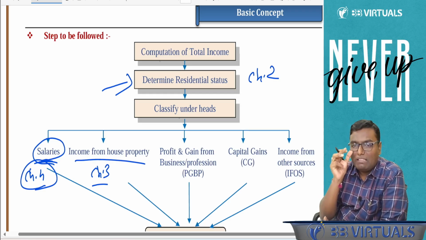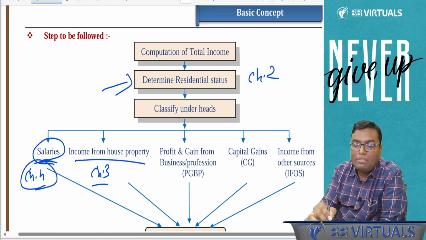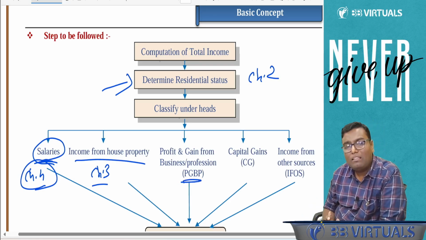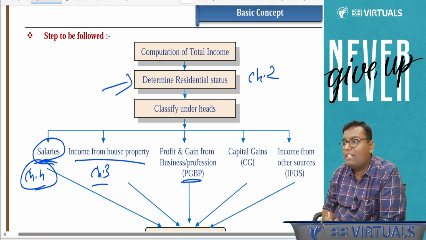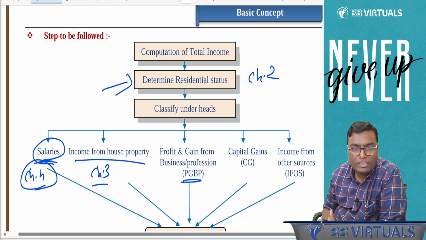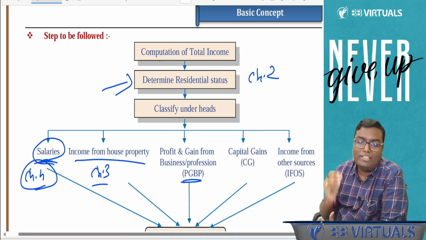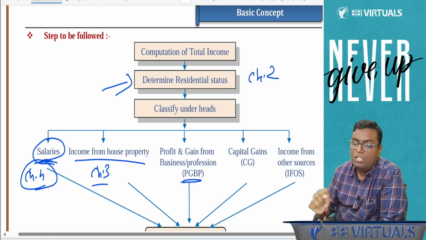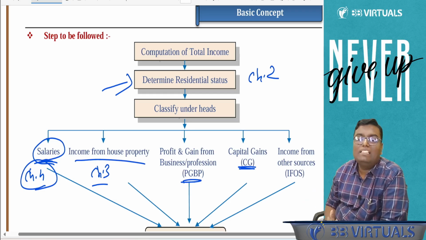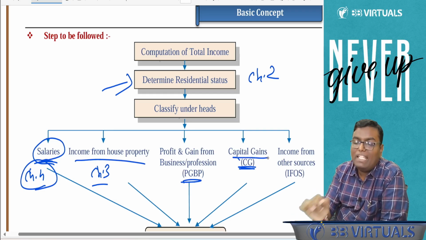The third head, which is the biggest head, is PGBP. The full form is profit and gains from business or profession. If you have a business or a profession, how to calculate the profit for income tax purposes, we will understand in this chapter. The fourth head is called CG, full form capital gains.